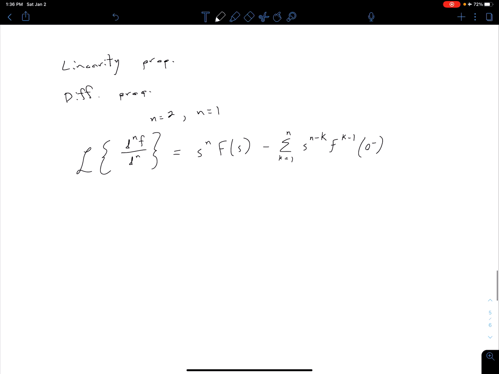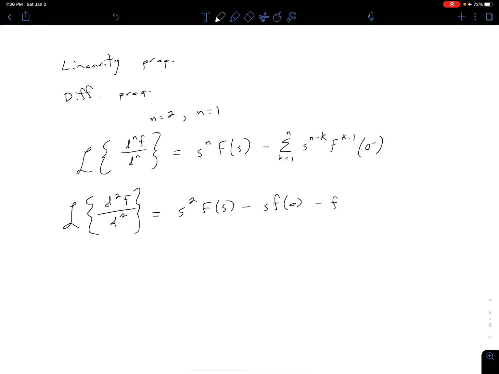For our second derivative, if we take the Laplace transform of d squared f in time, we're going to have s squared times F of s minus s times f of 0 minus f prime of 0.